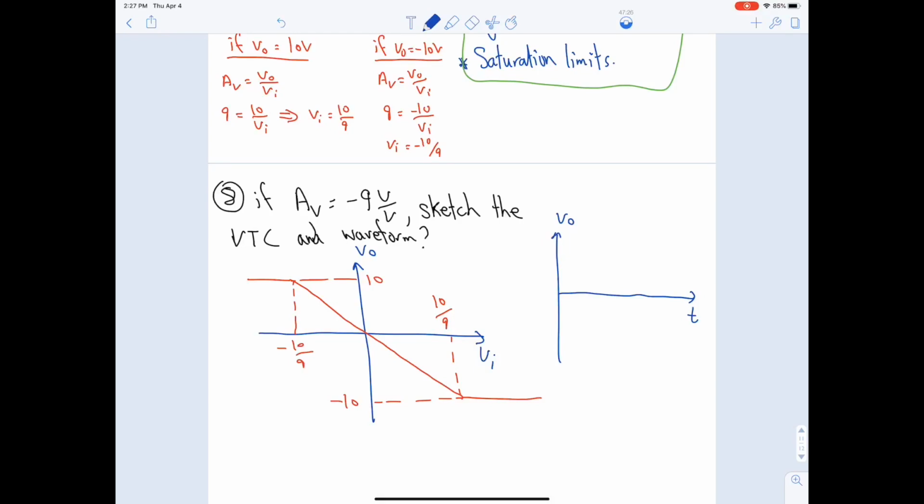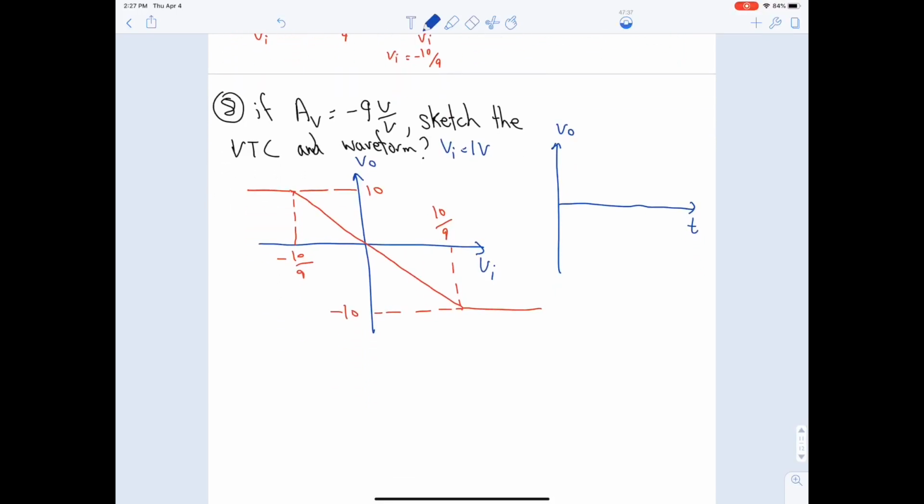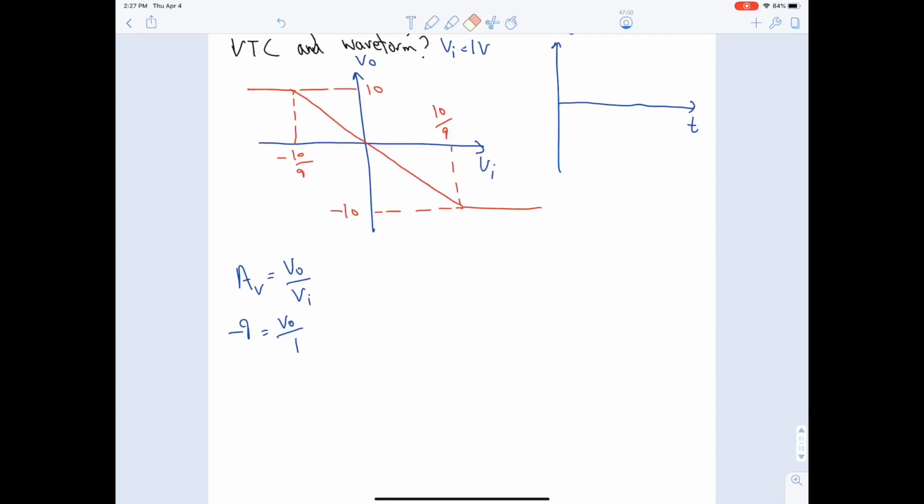What is V output in this question? We need first to know what is V input. Let's say V input is 1 volt. If V input is 1 volt, how do you calculate V output? We say AV is equal to VO over VI. AV is minus 9, V output is unknown, and VI is 1. So V output is what? Minus 9 volt.